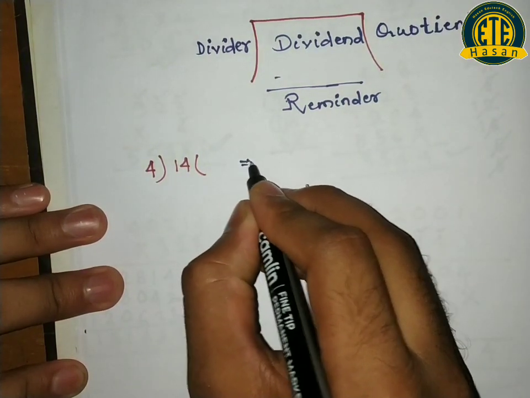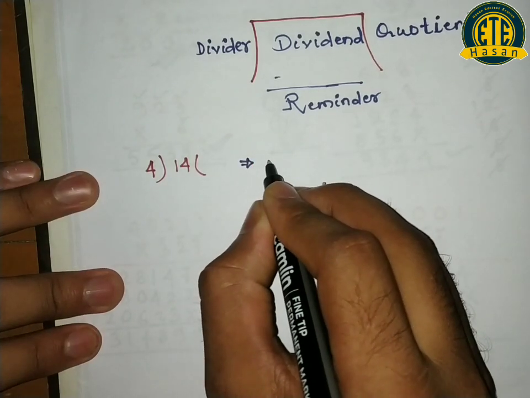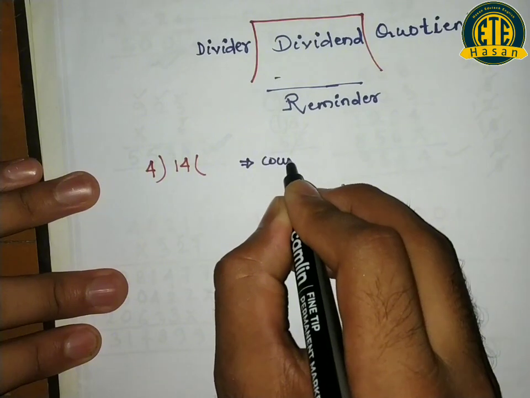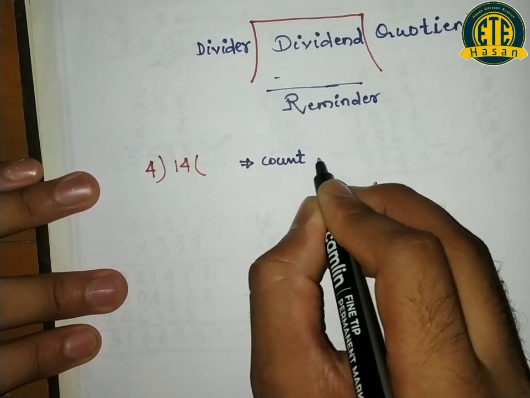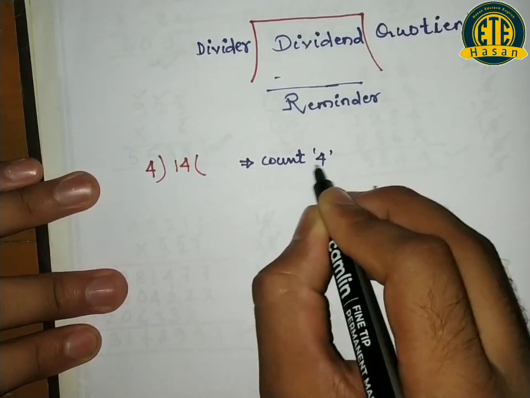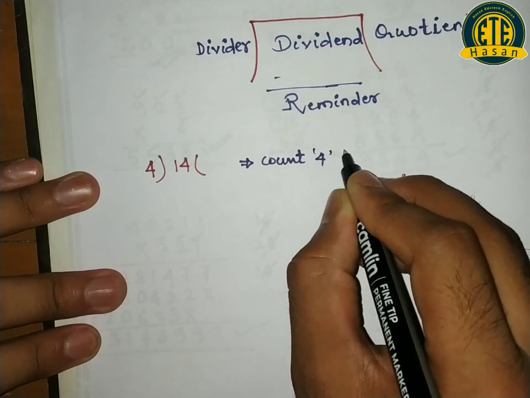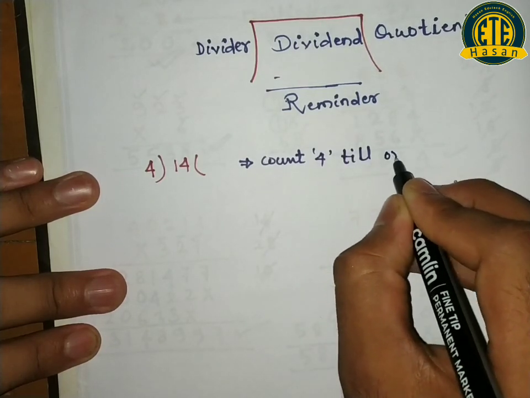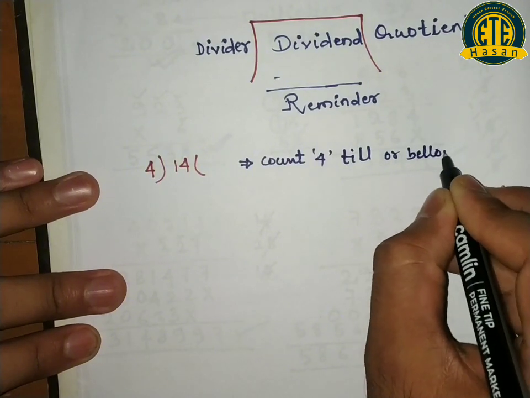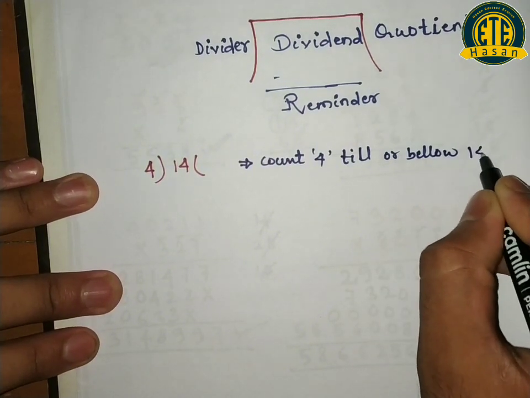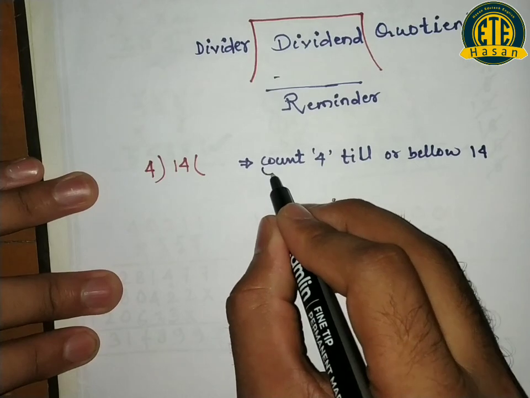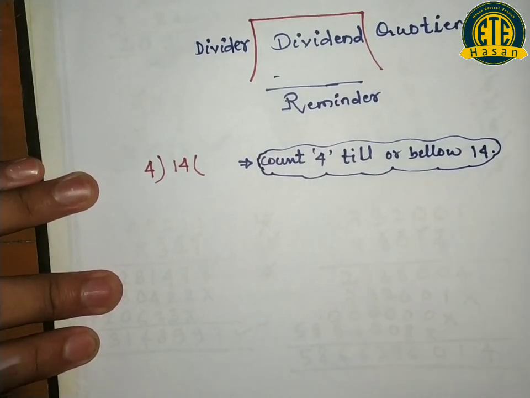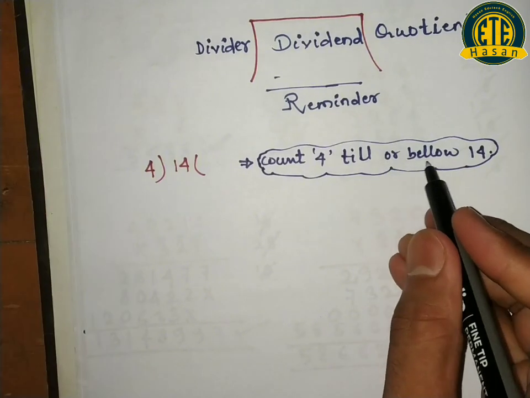Here I am writing: count 4 till or below 14. This is a key point if you want to remember: count 4 till or below 14.